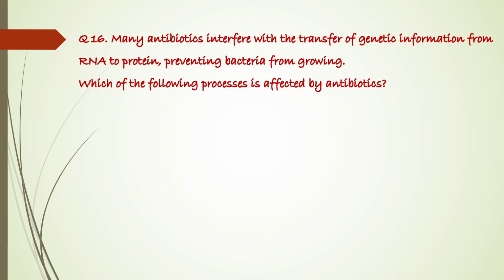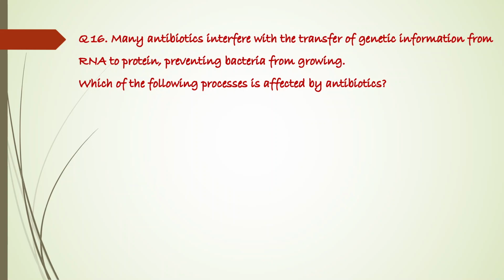So this is our next question. It states many antibiotics interfere with the transfer of genetic information from RNA to protein, preventing bacteria from growing. Which of the following processes is thus affected by these antibiotics?